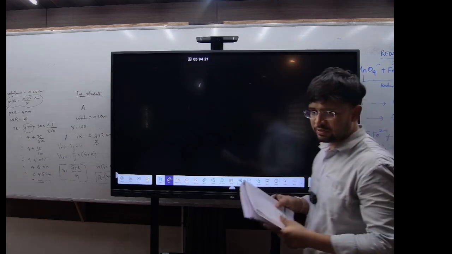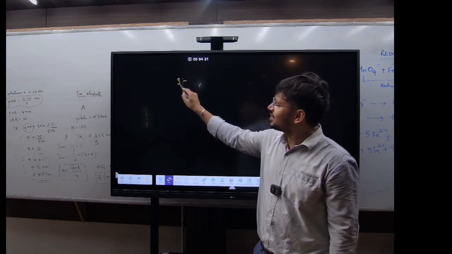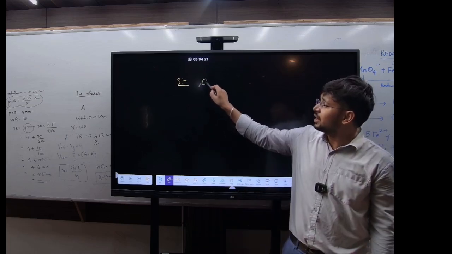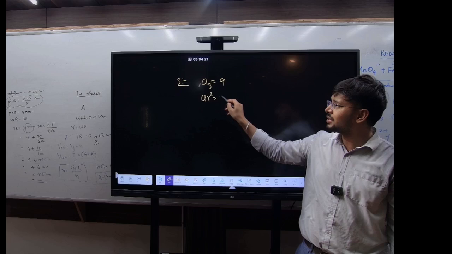Question number 3, read the question. What is given? The third term is given as 9. What is the third term formula? AR square is given as 9.